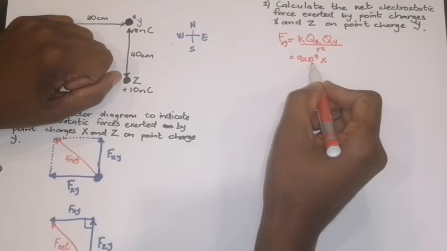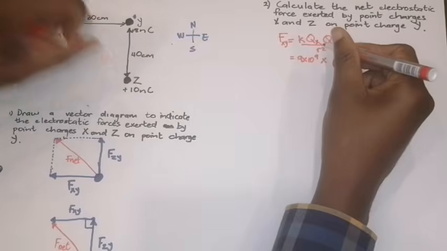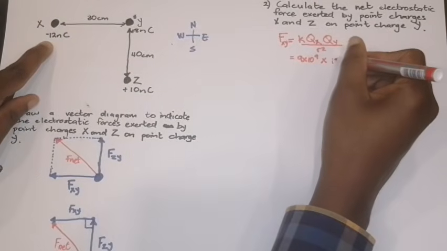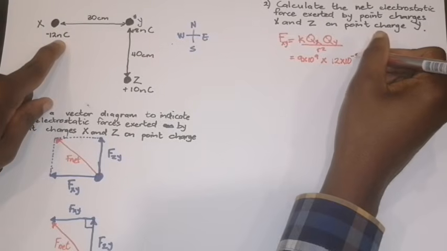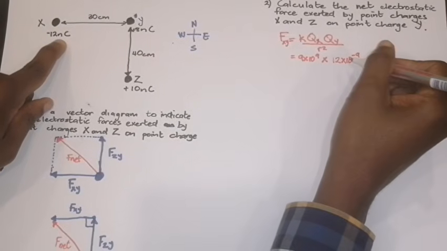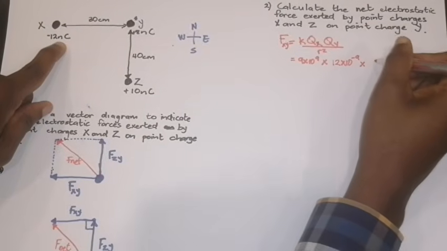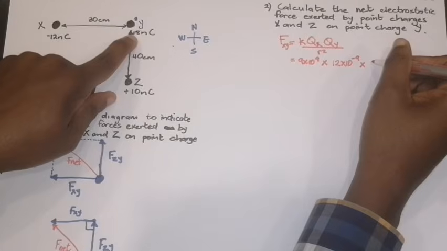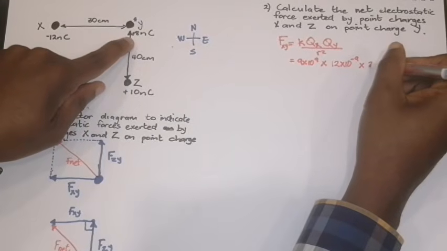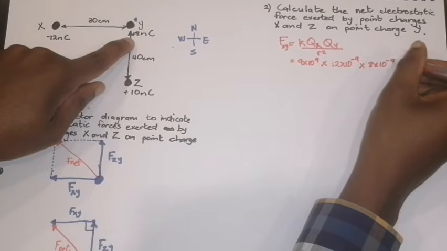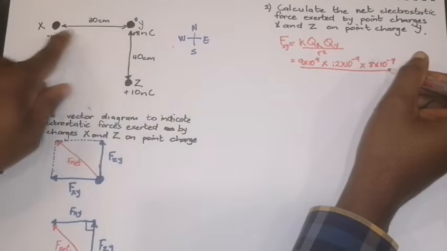So our Coulomb's constant, that's 9 times 10 power 9, multiplied by the charge of X, that's 12 times 10 minus 9, remember nano, multiplied by the charge on Y. So what's the charge on Y? Charge on Y is positive 8 nanocoulombs, but remember we disregard the sign, and all that we simply do is take the magnitude, divided by, what is the distance between X and Y?